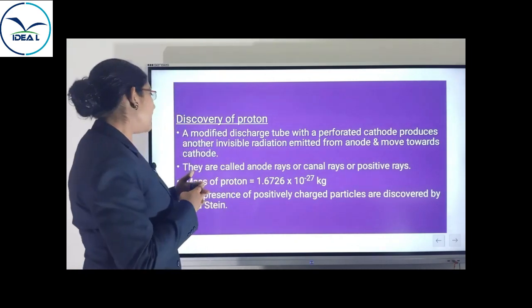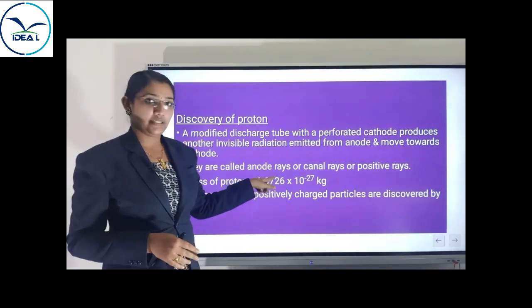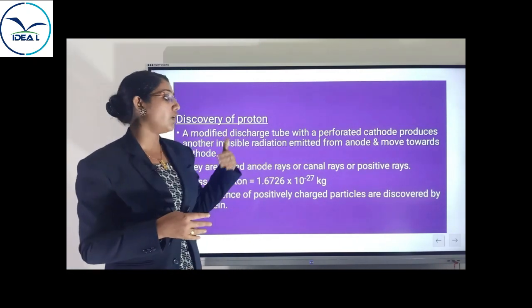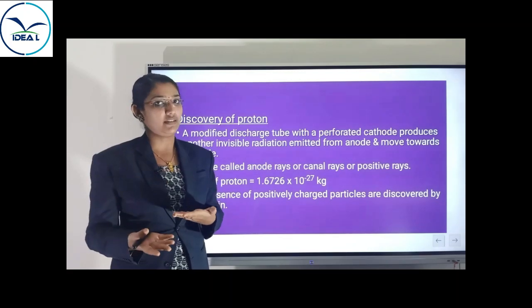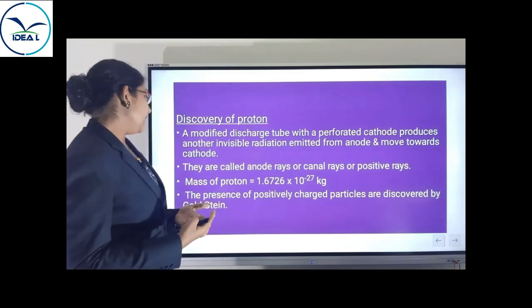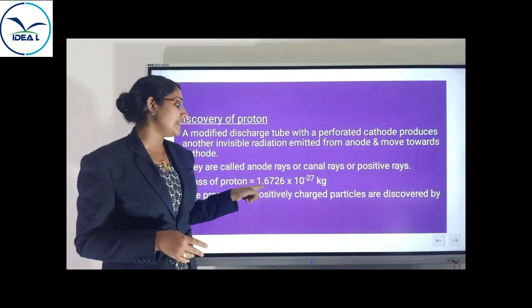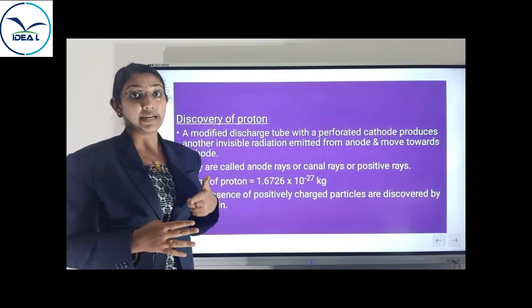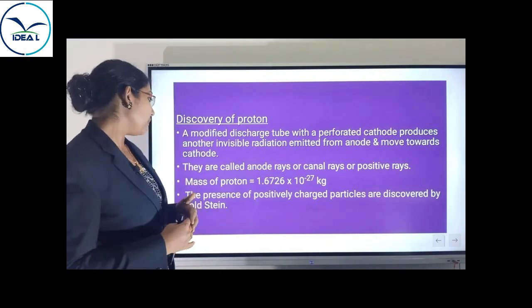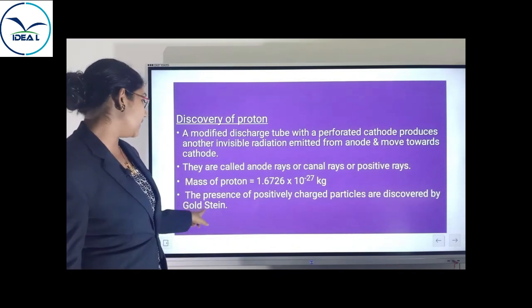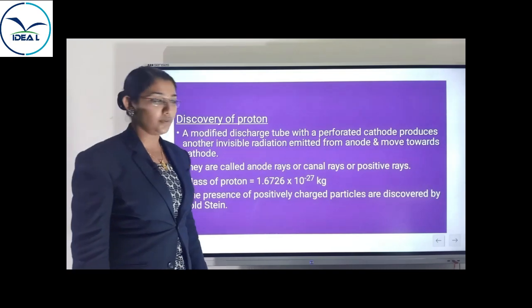So they are called anode rays. The radiation emitted from the anode is simply called anode rays, or canal rays, or positive rays. Then here the mass of proton is determined to be 1.6726 into 10 raised to minus 27 kg. And the presence of positively charged particles was discovered by Goldstein.